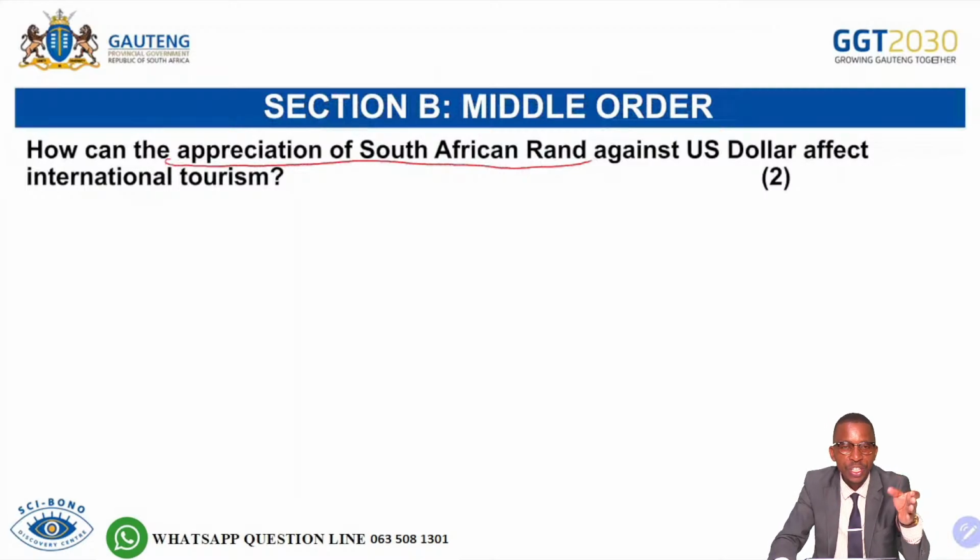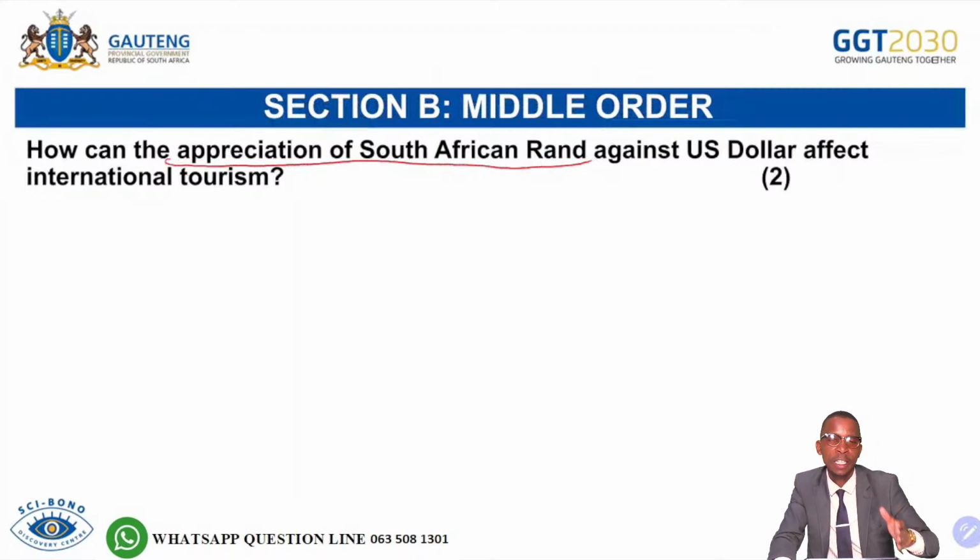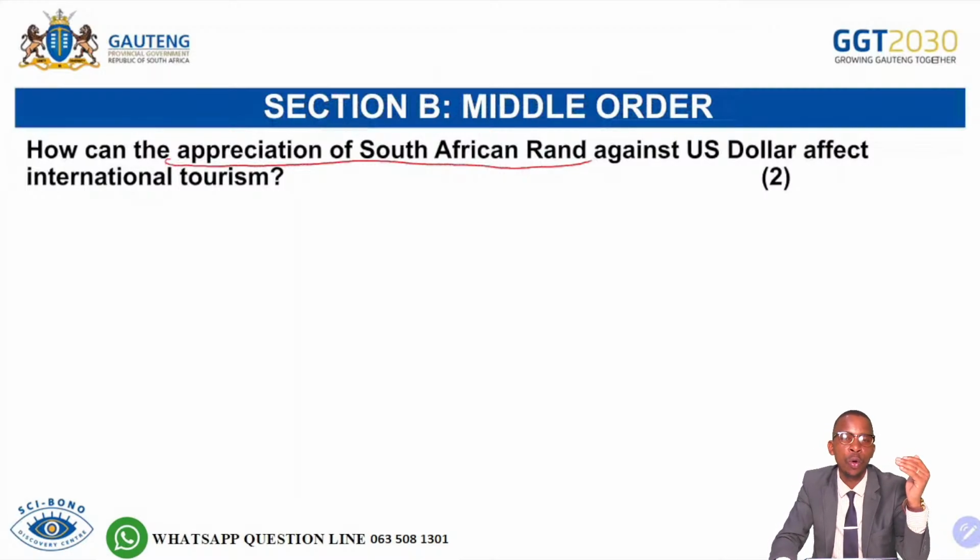So in that situation, South African tourists will find it cheap to tour the US, because the US dollar will be more affordable to South Africans. Remember, as the South African rand appreciates, the US dollar will be depreciating. So there will be more South African tourists touring the US because the US dollar will be more affordable, while there will be fewer tourists from the US to South Africa, due to the fact that the South African rand will be relatively expensive compared to the US dollar.